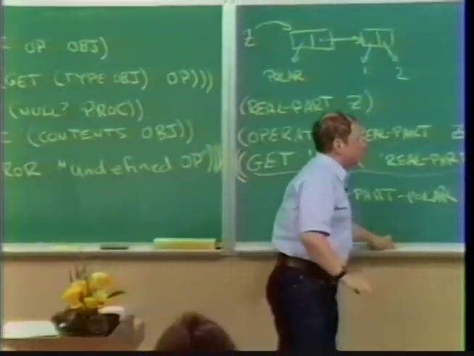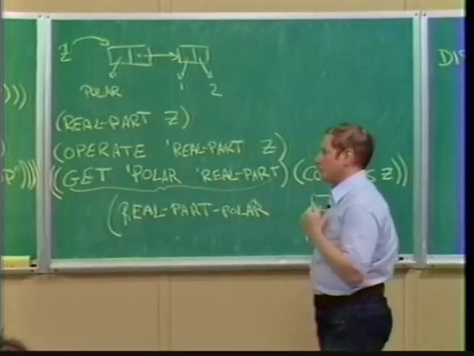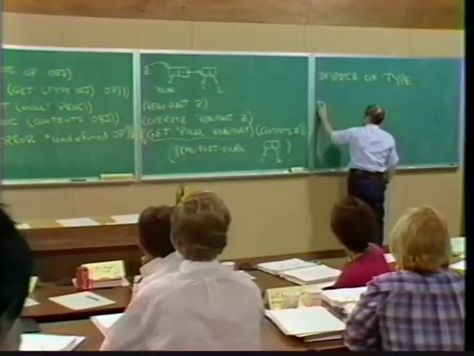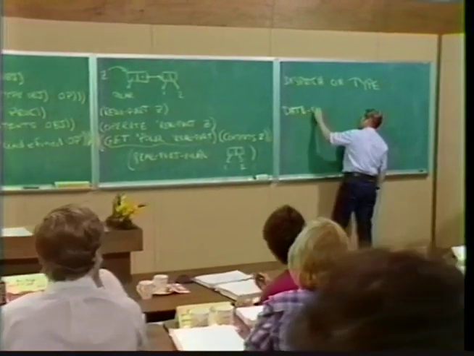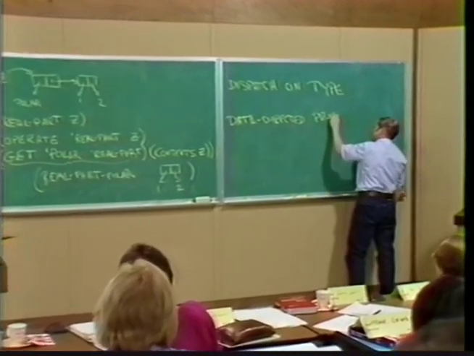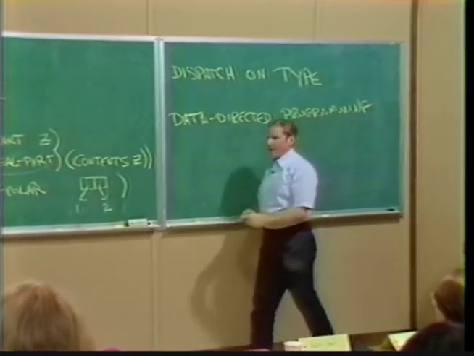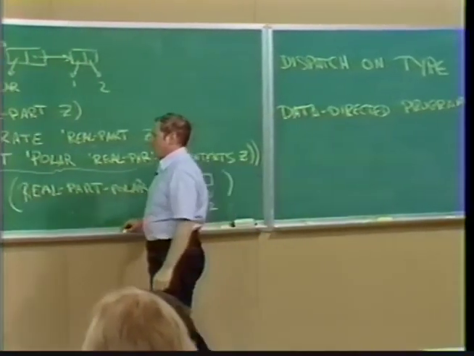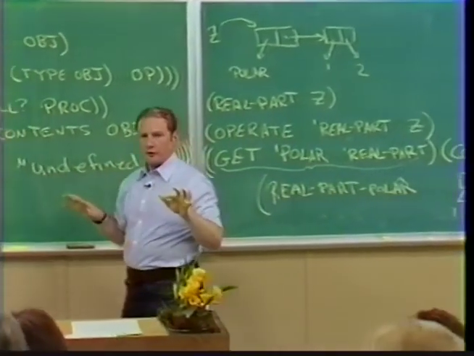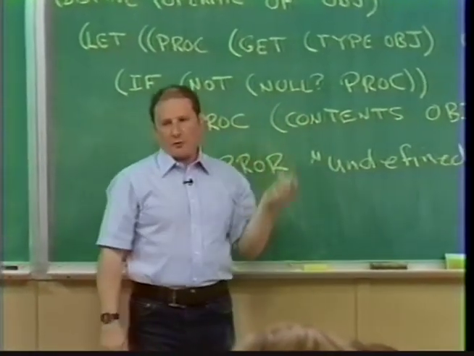This is another, more flexible for most purposes, way of implementing generic operators, and it's called data-directed programming. The idea is that the data objects themselves, those little complex numbers floating around the system, are carrying with them the information about how you should operate on them.